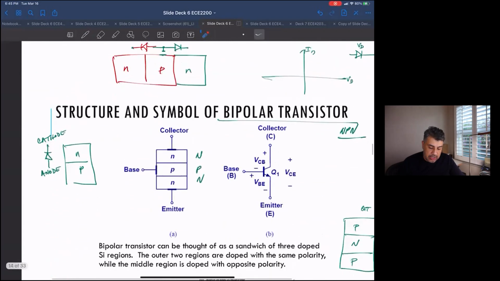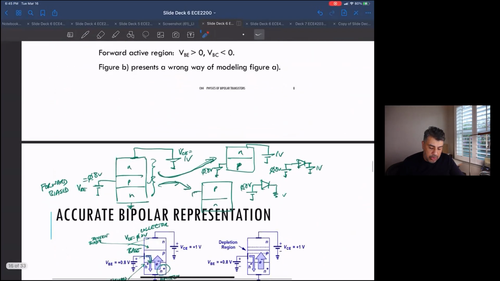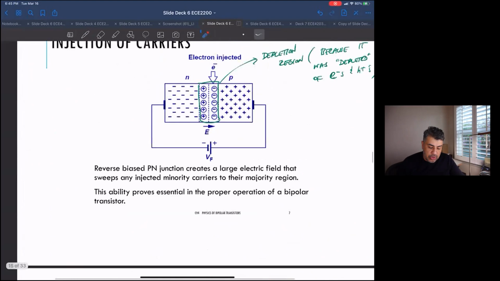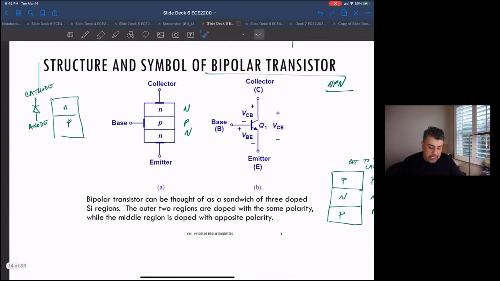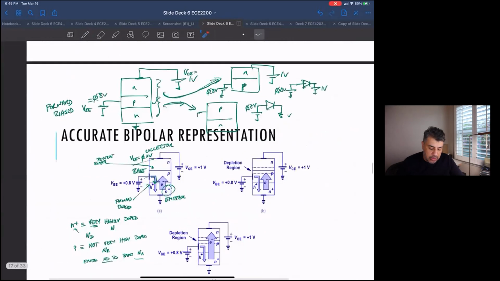And then, the bipolar transistor looks like back-to-back diodes, one of which we're putting in reverse bias and the other in forward bias. Those are the main things from today, and we'll follow on again on Thursday.